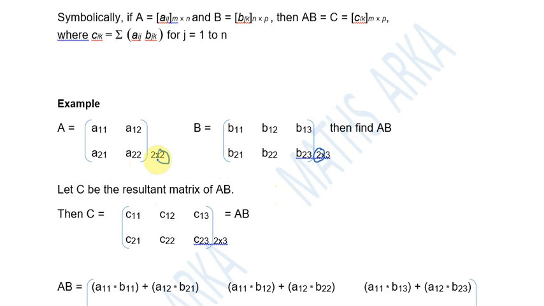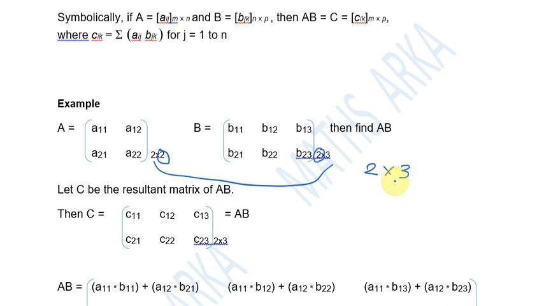Now what would be the order of the resultant matrix? That is given by this part. So 2 cross 3 is the order of the resultant matrix.